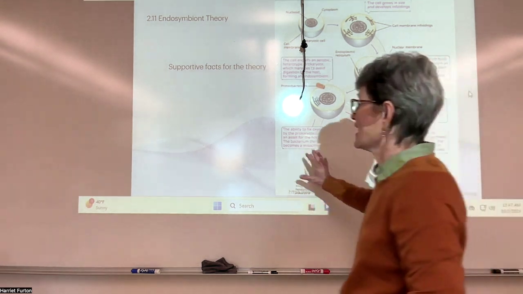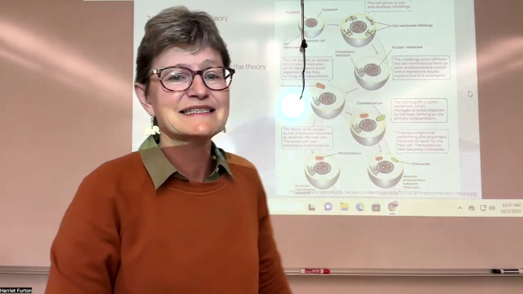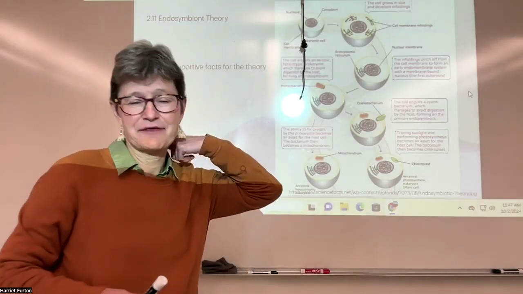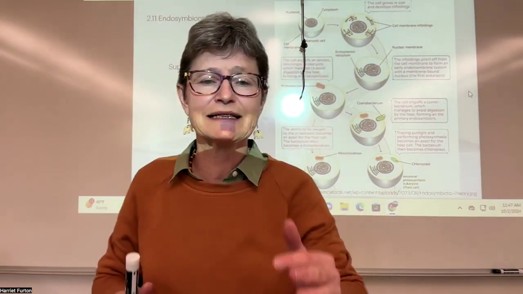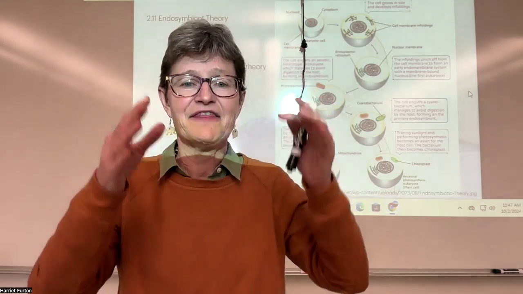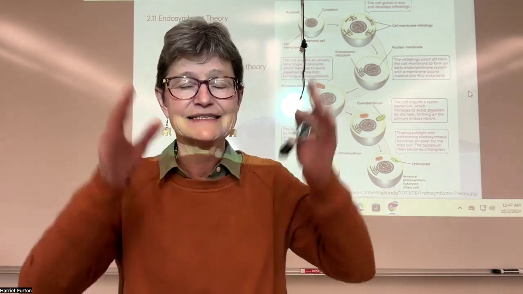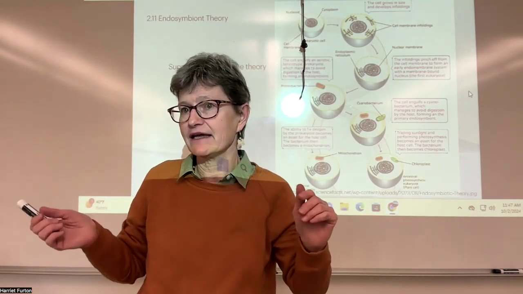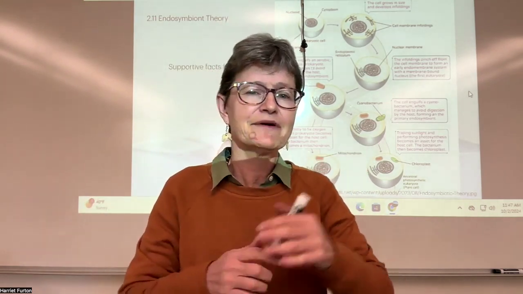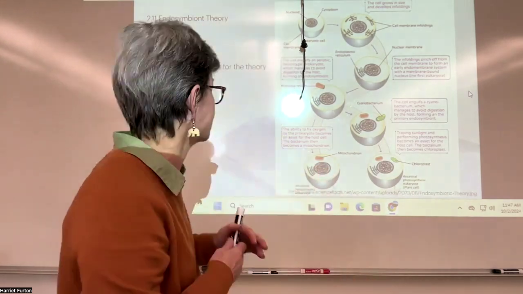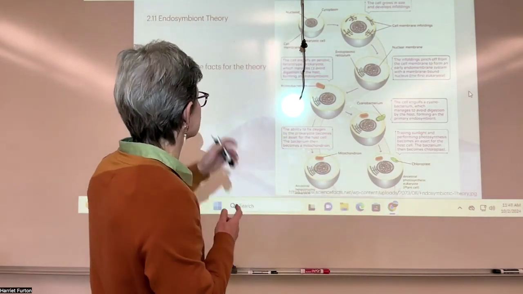And the last one I would like to talk about is the endosymbiont theory. In science, a theory is something that is really well supported by evidence that it is true. It's not like saying, I have a theory that today it will be nice weather. It's more than the everyday English meaning of theory. So, there are supportive facts for that.